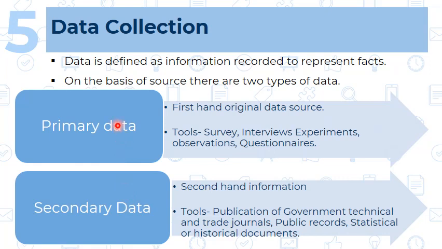So all these are the places where we are getting already recorded data. Means that data is recorded for any other purpose, and we are using that data for our purpose. That's why we say that this is the second hand information.